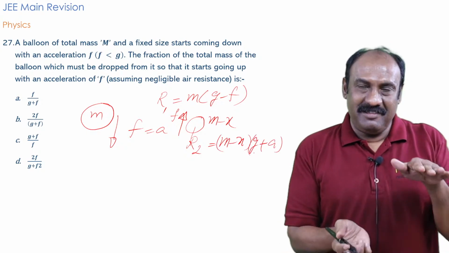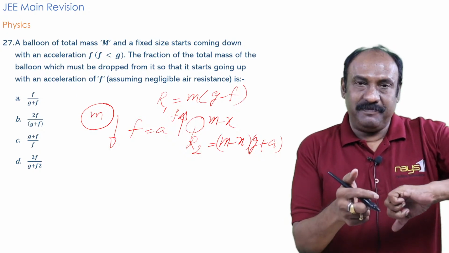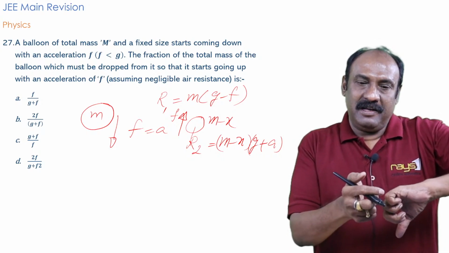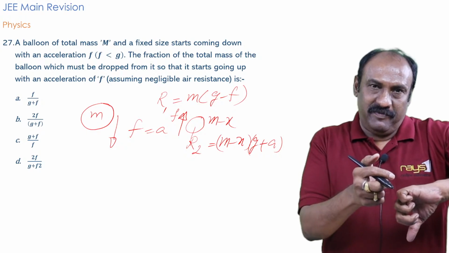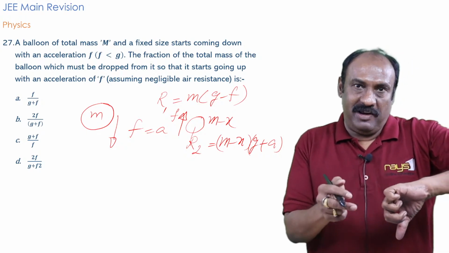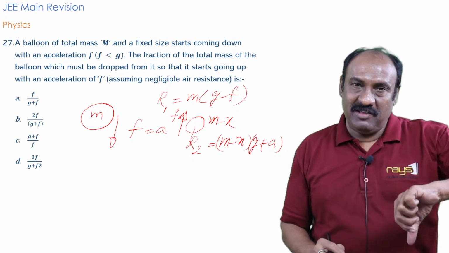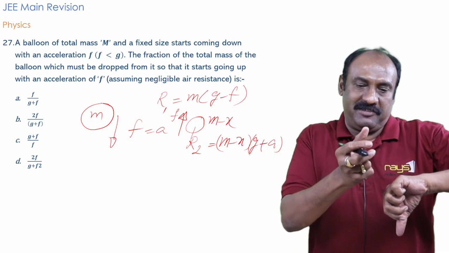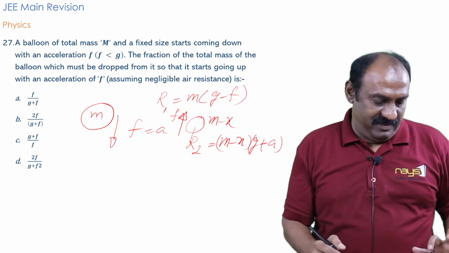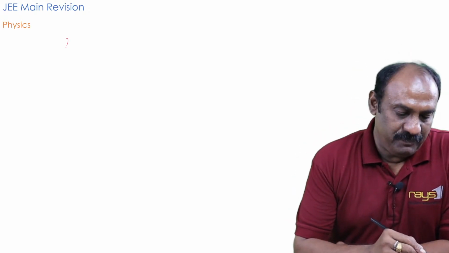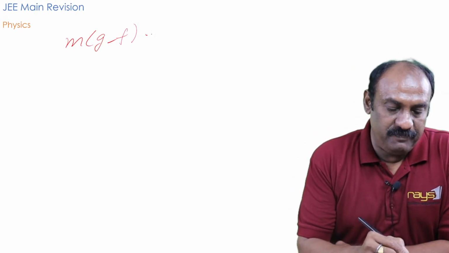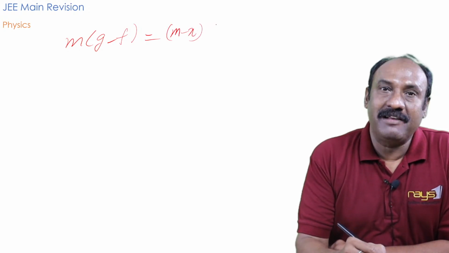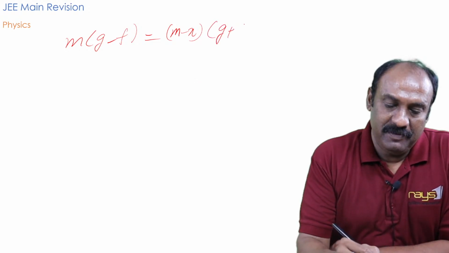At the point of reversing its direction, instead of moving down it reverses, and the apparent weights are equal. So, the apparent weight while moving down, R1, equals the apparent weight while moving upward, and I equated these. In the first case it is m into g minus f. In the second case, if some mass is removed, it is m minus x into g plus f.